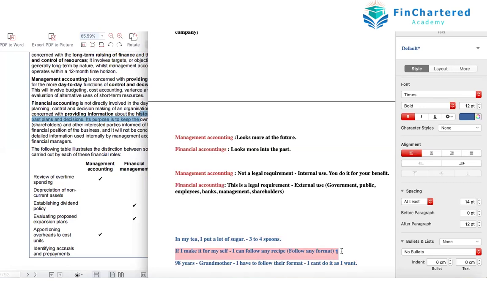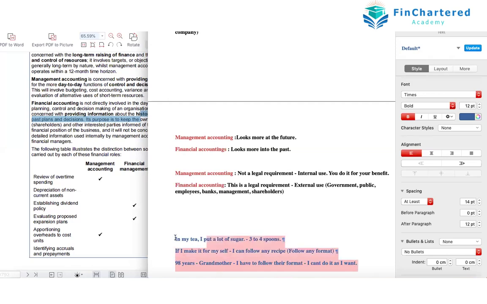But when it comes to FA, it is used by so many people external. There is an external use. Therefore, FA is like this grandmother. I can't prepare financial statements based on my mood or based on my wish. Financial accounting, there is a format that I have to follow.